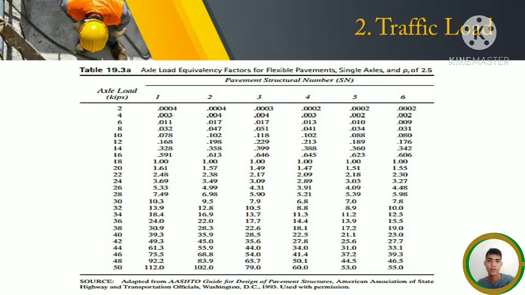This table 19.3a is showing the axle load equivalency factors for flexible pavement single axles and P sub D of 2.5. Note that this table only gives traffic equivalence factors for P sub D of 2.5 for single axles.